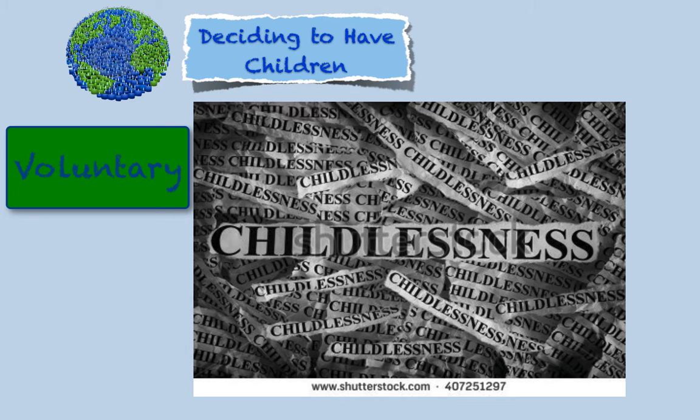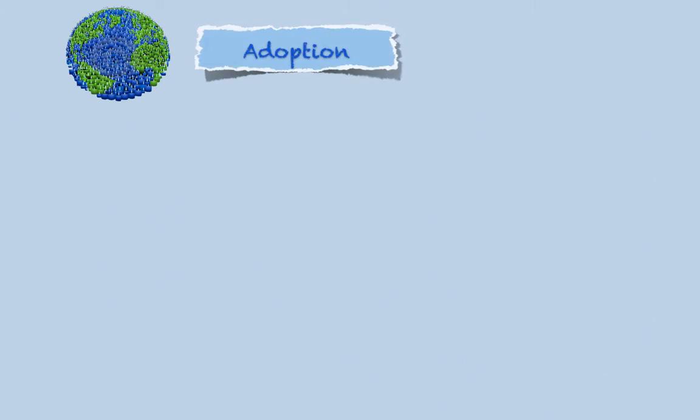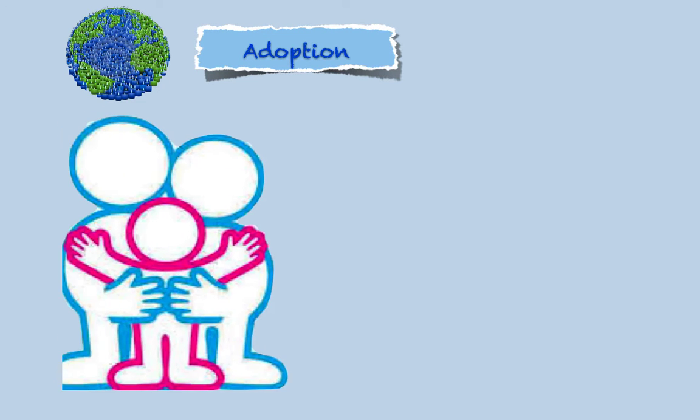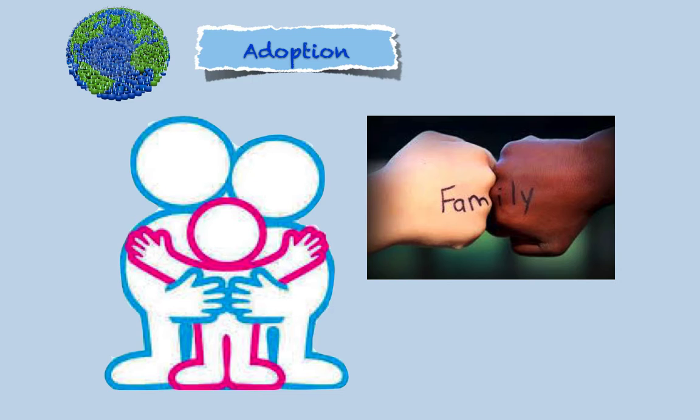And so as a result of childlessness, particularly involuntary childlessness, we have other options to explore, and one of those options is adoption. Now, adoption is a legal process through which the rights and duties of parenting are transferred from the child's biological or legal parents to new legal parents.